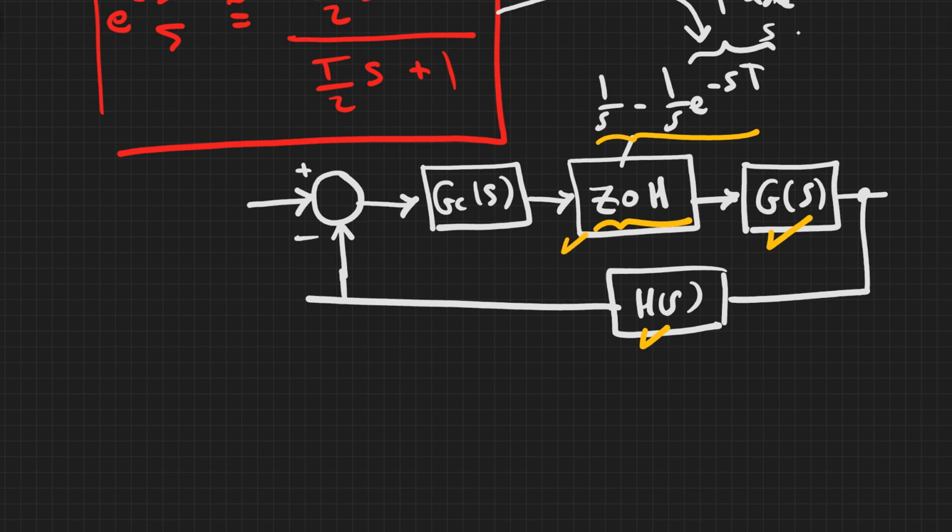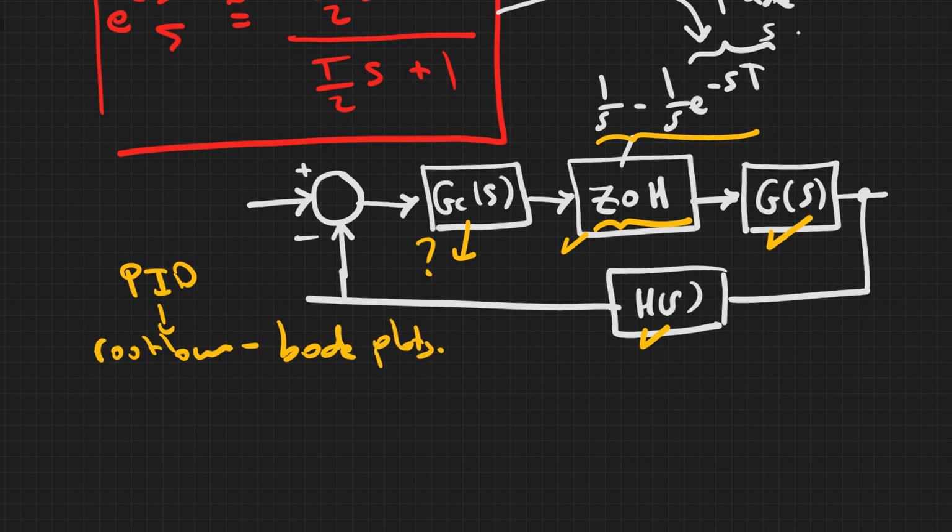Now that you have the zero order hold transfer function as well, you can start to design your continuous time controller. How will you design it? Whatever method you want. You can use all the different techniques that we described in the previous lectures. You can start from a structure, for example a PID, and then use different methods. You can use root locus, Bode plots, whatever method you want in order to design your continuous time controller.